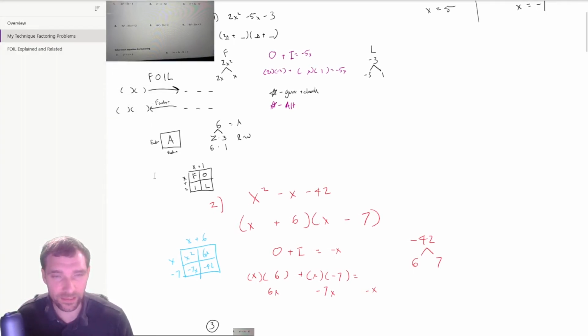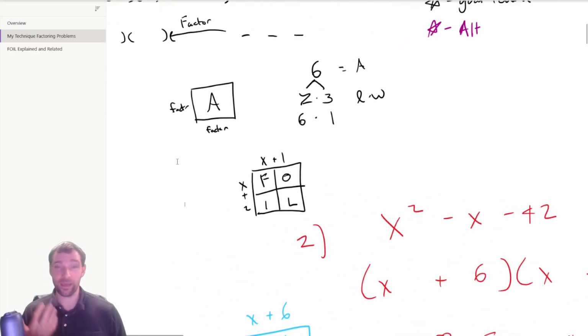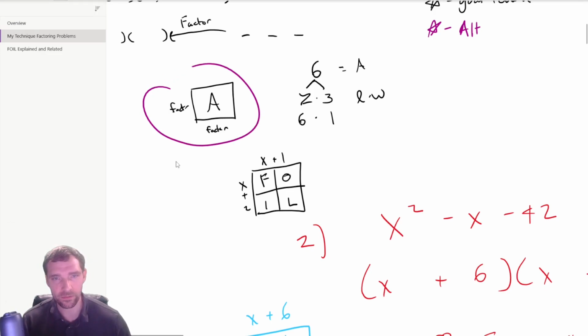And to help us really understand that, it's important to remember factors are just two things that are being multiplied that give you a number. So if you've got a rectangle, like you can see I've got right here, on one side there's one factor, and the other side is a different factor. So they're basically edges of a rectangle, so you could think of it as like a length and width of a rectangle.